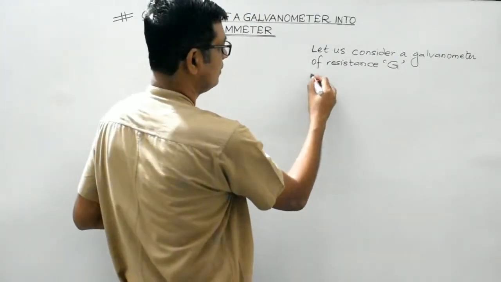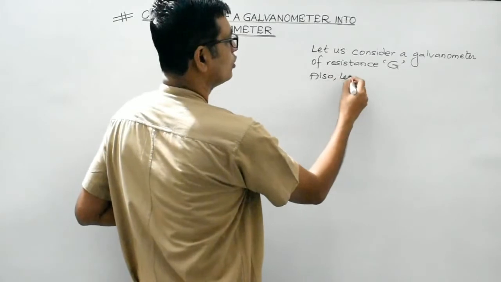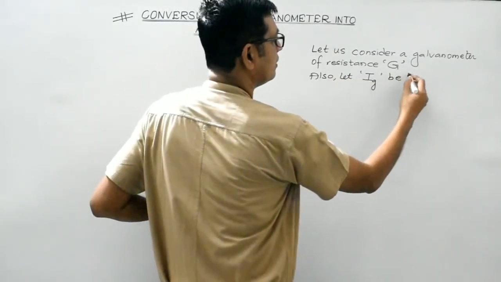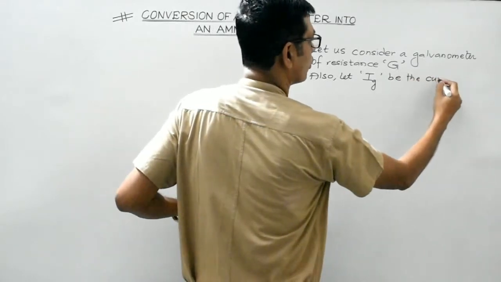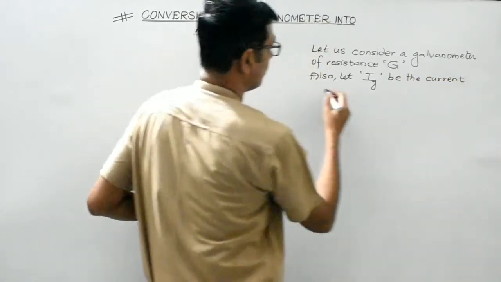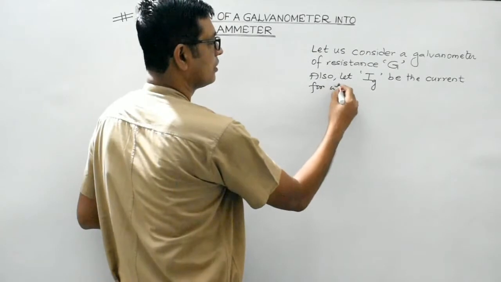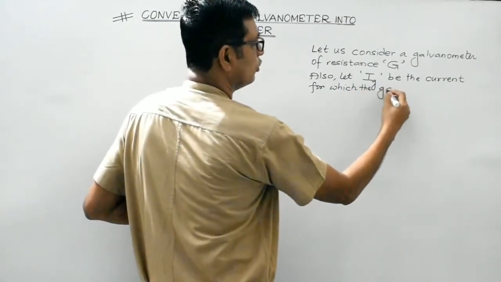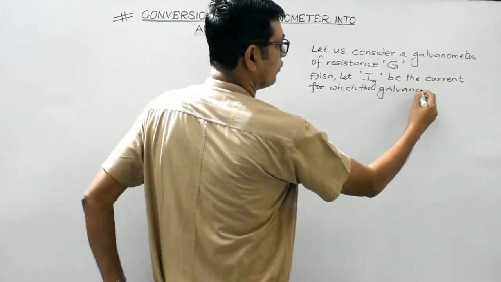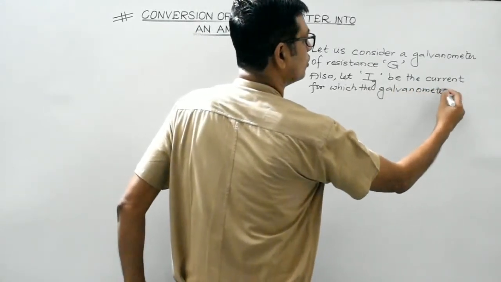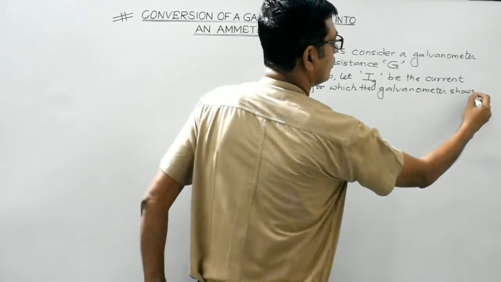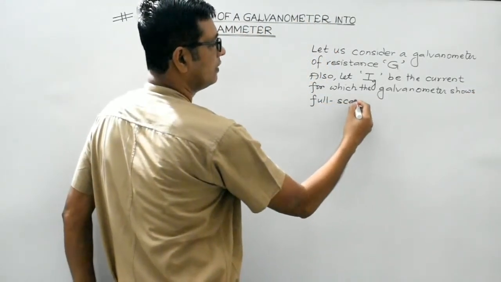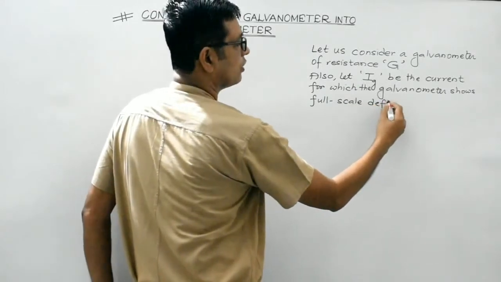Also let Ig be the current for which the galvanometer shows full scale deflection.